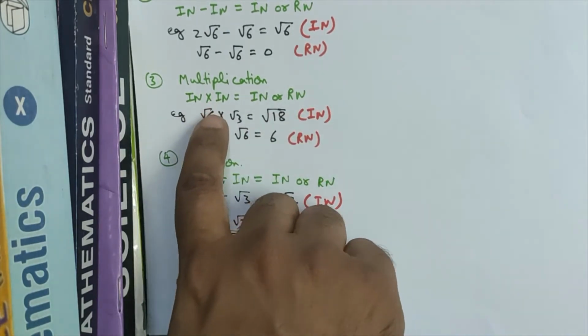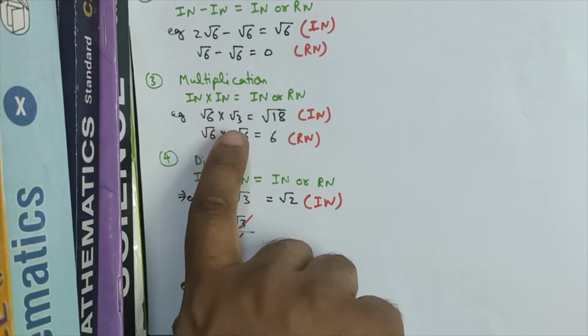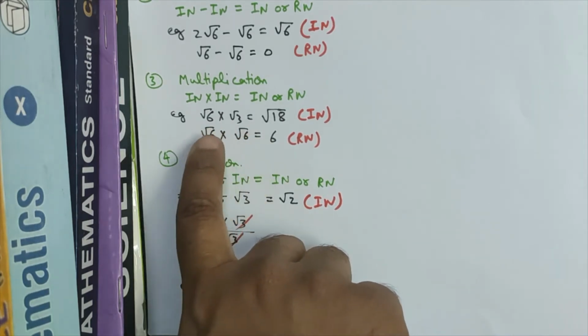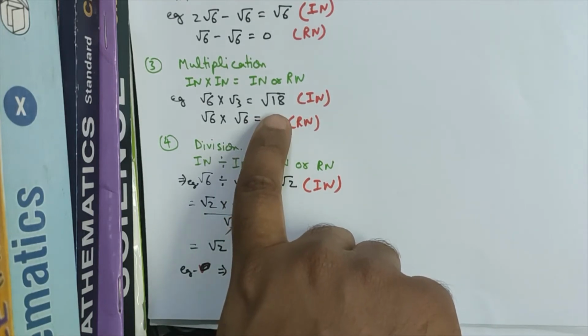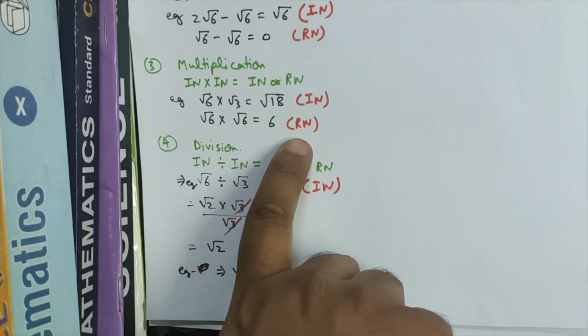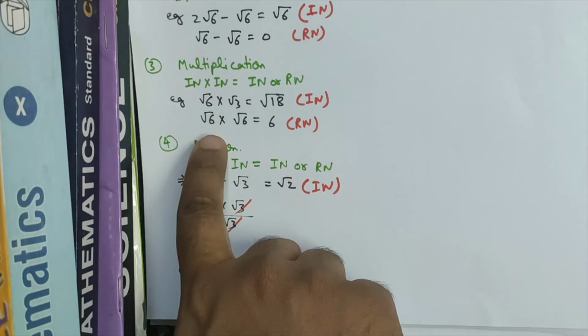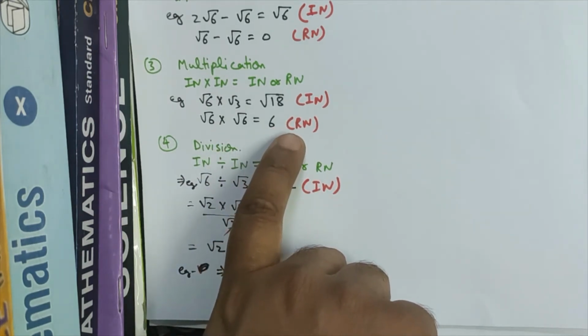Similarly, in multiplication, root 6 multiplied by root 3, two irrational numbers multiplied together, gives an irrational number: 6 into 3, 18, under root of 18. It may also be a rational number. For example, when root 6 is multiplied by root 6, it is equal to 6, which is rational.